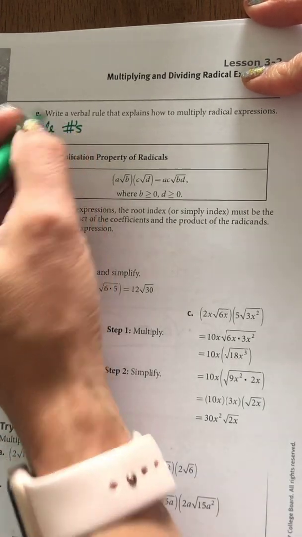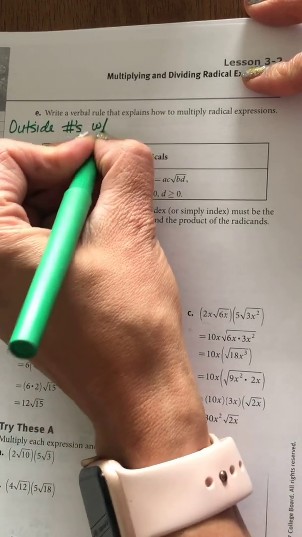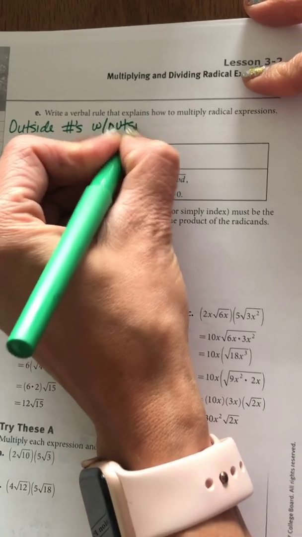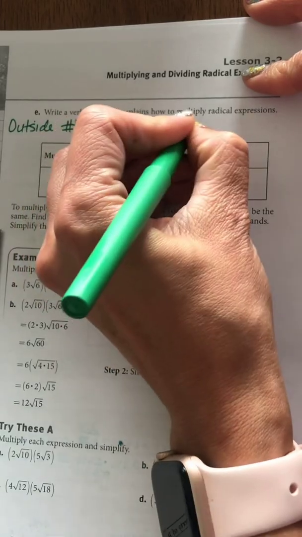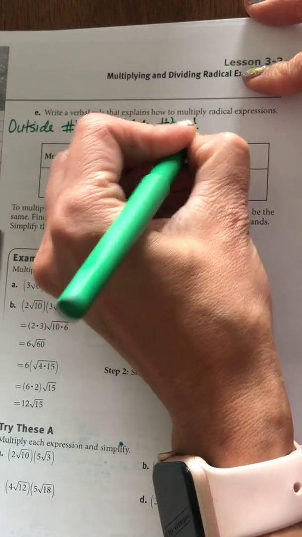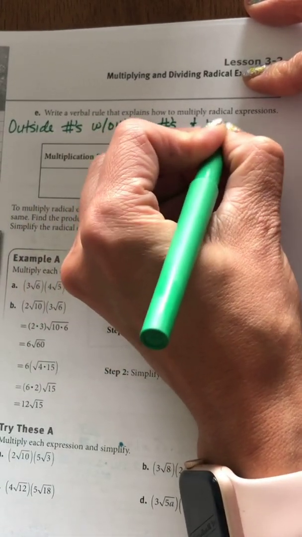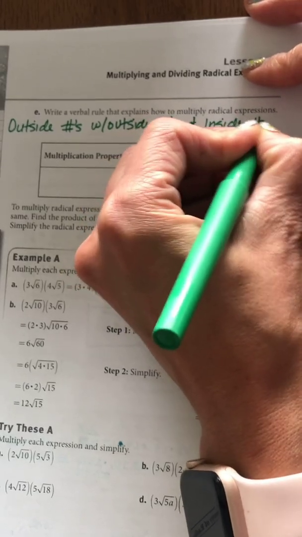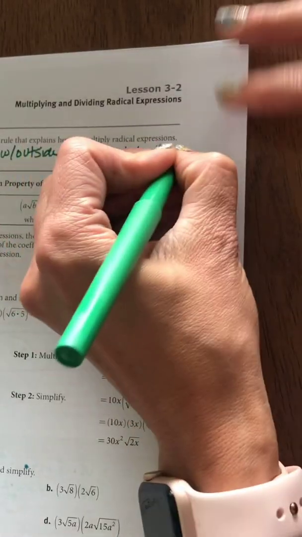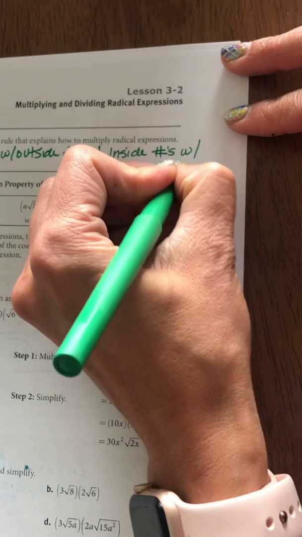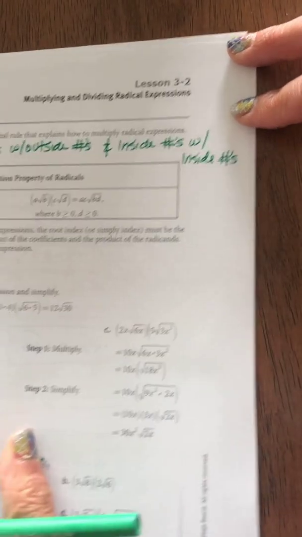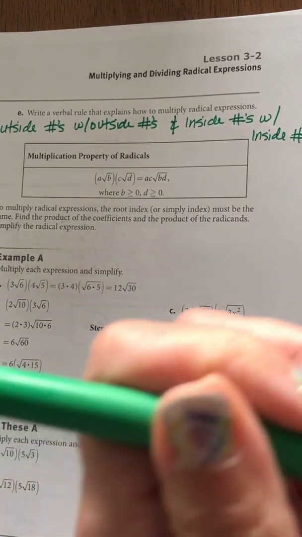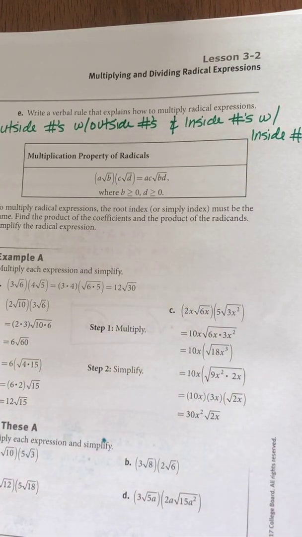So outside numbers with outside numbers, and inside numbers with inside numbers. Okay? That's how we remember what to do with those when we're multiplying them.